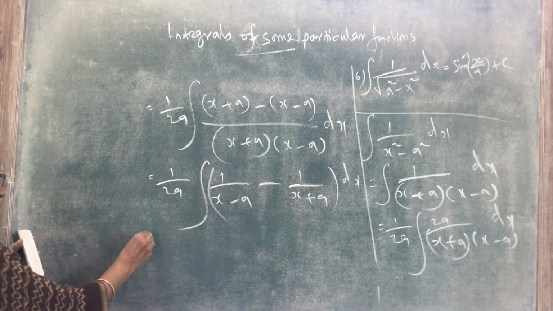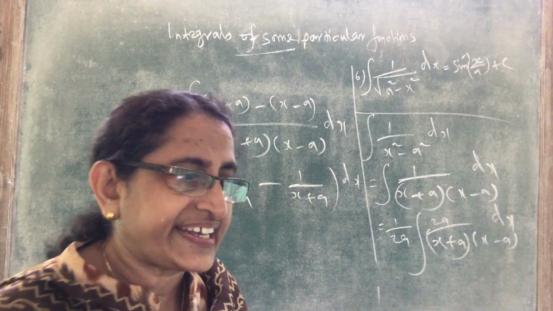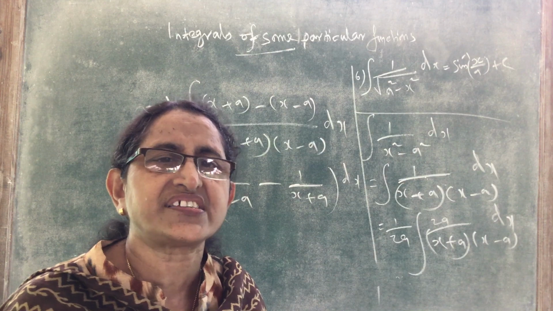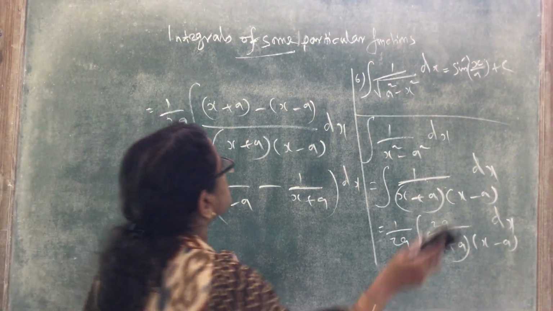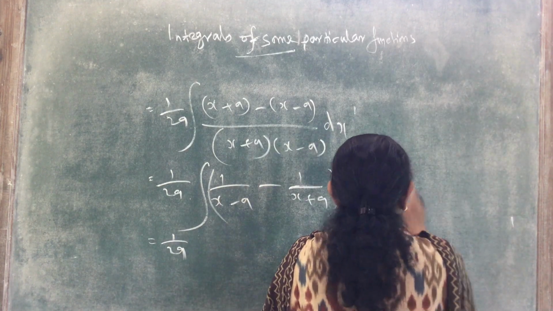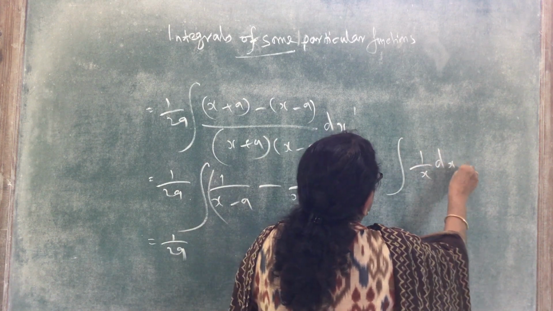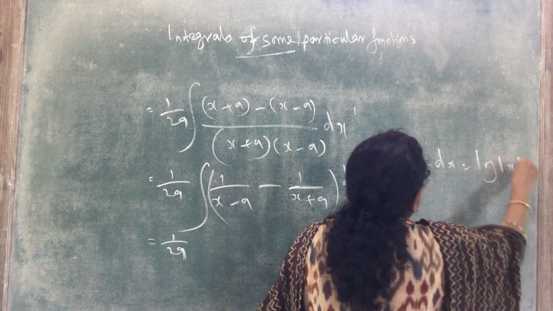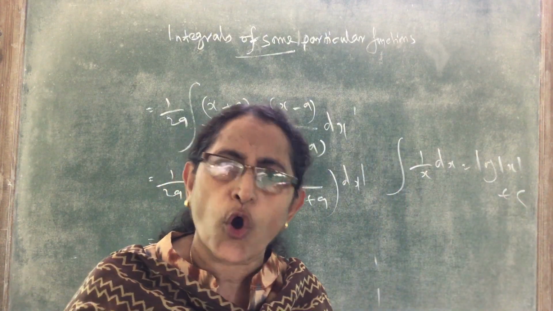Now we can integrate 1 by 2a into, what is the integral of 1 by x minus a? We know the standard formula: integral 1 by x dx is log x.